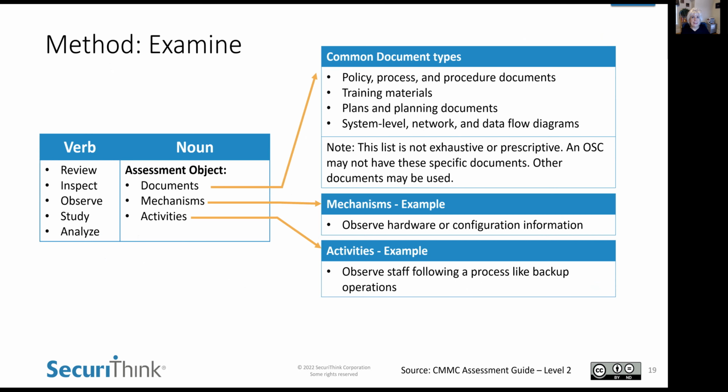Specifically about the examine method, the Assessment Guide has the same verbs as show up in 800-171A. So if we're going to examine, the kinds of things we might do are review, inspect, observe, study, and or analyze. And we do these things to an assessment object of some kind.